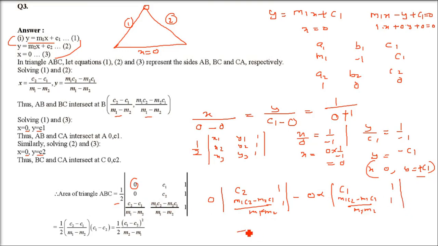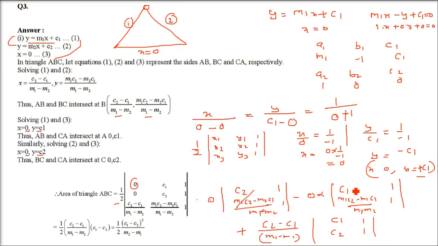Now the third one, I'm taking the last one of the first column, c2 minus c1 by m1 minus m2, and inside this row and column intersection, I'm not going to take. c1, c2 and 1, 1 I'm going to take.